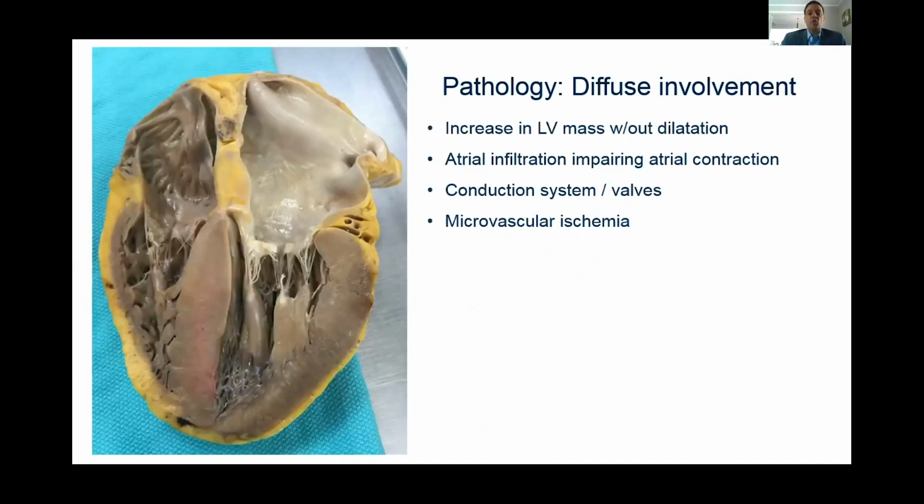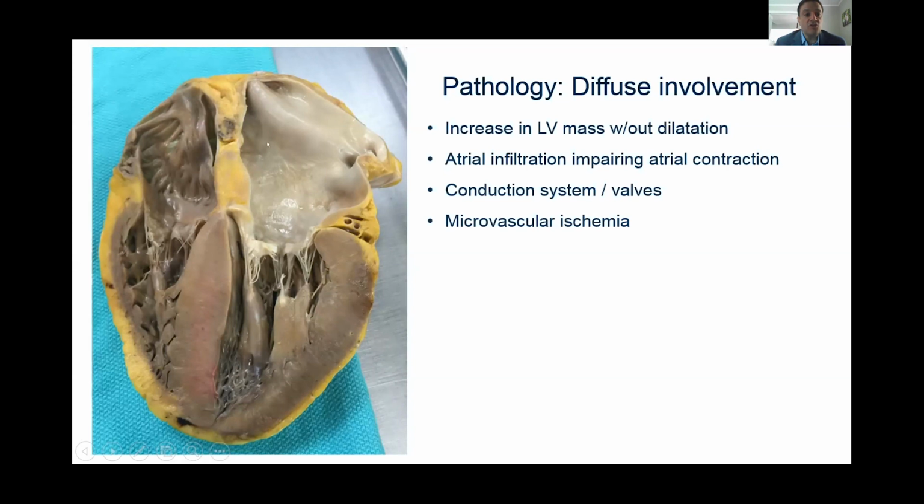Now, regardless of whether you have hereditary or wild type ATTR cardiac amyloidosis, and for that matter AL amyloidosis, what happens is you get diffuse amyloid fibril deposition. You get thickening of the left ventricle and the right ventricle, often without dilation of the LV cavity. At times, the LV cavity can actually be small and crowded by that thickened ventricle.